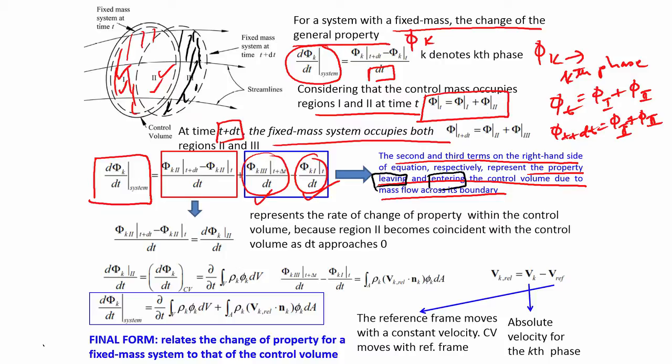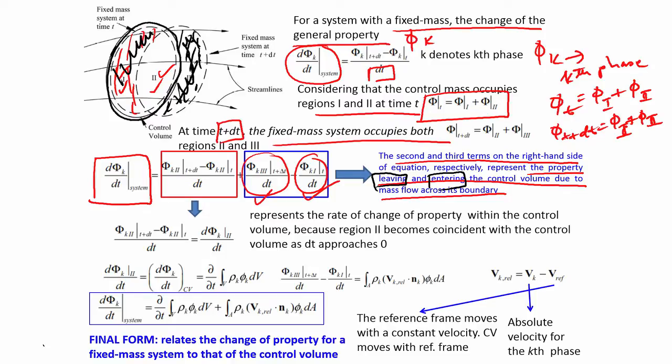Control volume, remember, I am not talking about the fixed system, the control volume part. So, this is the control volume that we drew, right. There has been some mass that has left the system, and this is the mass that has entered the system, correct, is not that so?